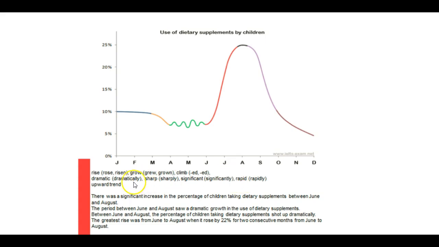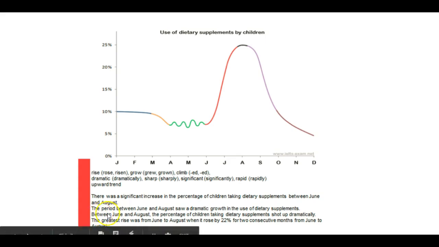You can also use them as adverbs. For example, we can say there was a significant increase in the percentage of children taking dietary supplements between June and August. So try to show the examiner that you understand what these numbers stand for, and they stand for the children using dietary supplements.